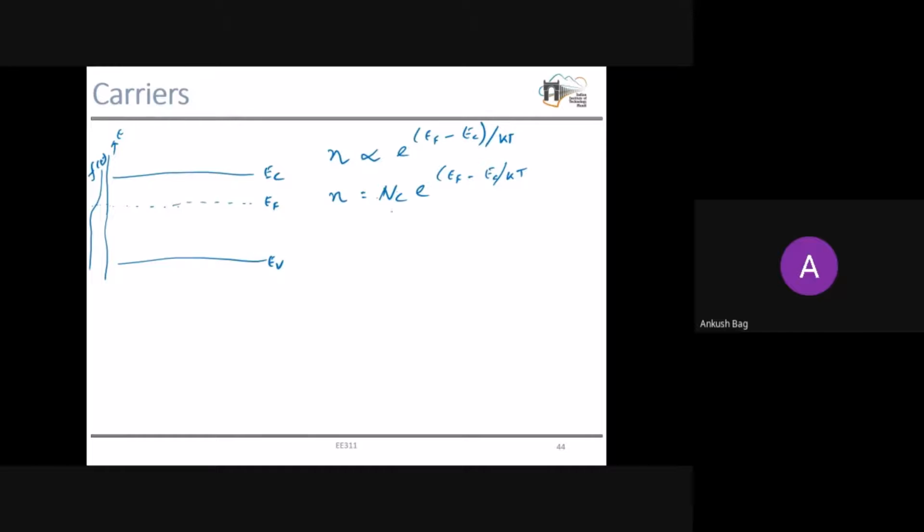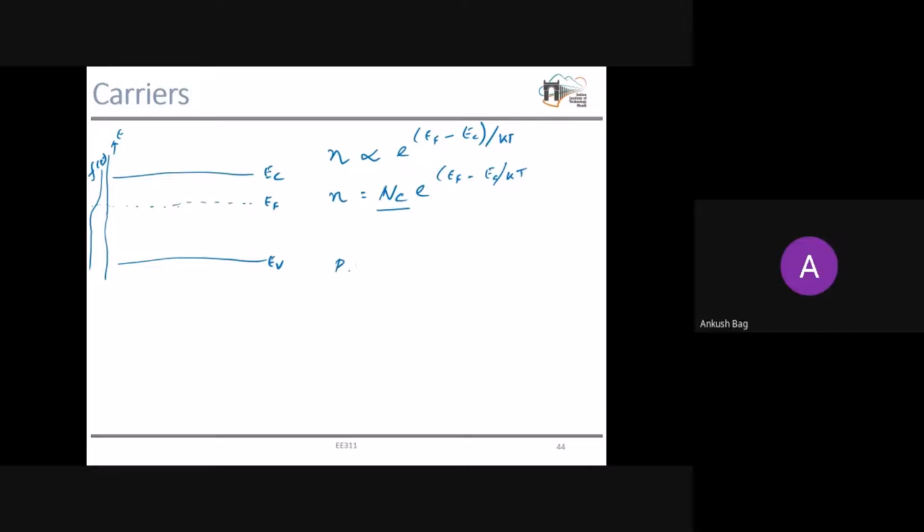The effective density of states is a simplified way to represent the actual density of states, because the actual density of states has a dependence on energy. For our simplified analysis, we can consider this as a constant, which is called the effective density of states. For electrons this is the effective density of states in the conduction band, and that is why I wrote NC.